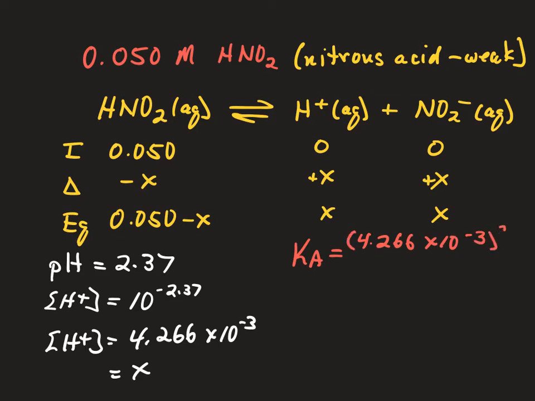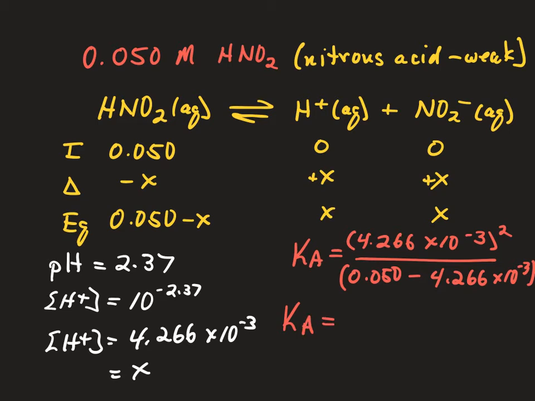And if we calculate that Ka out, we get approximately 3.98 times 10 to the minus 4.